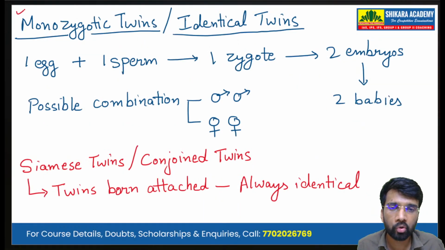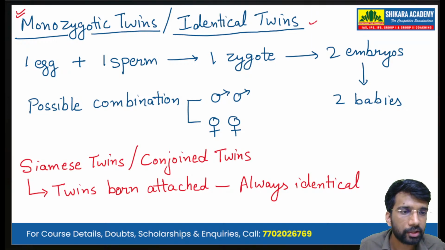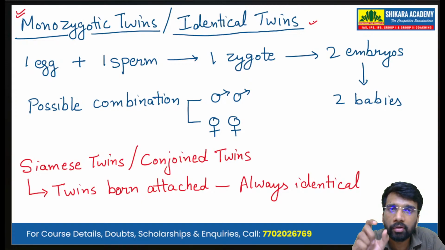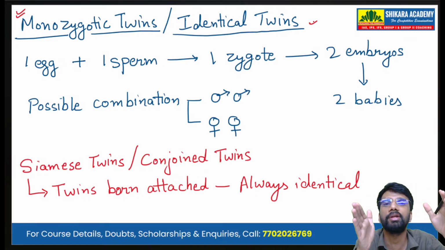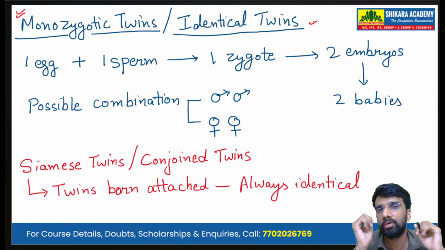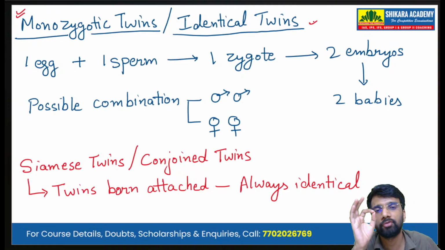Now we have the monozygotic twins or the identical twins. Monozygotic means that the babies originate from the same zygote.